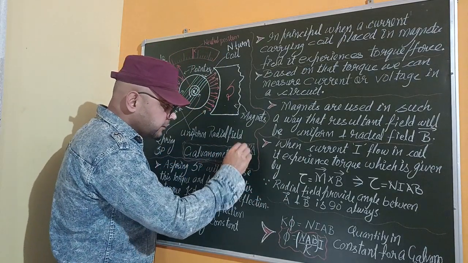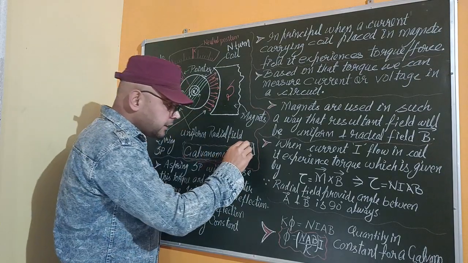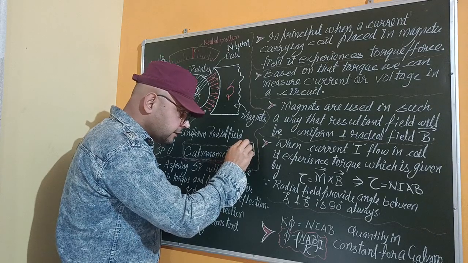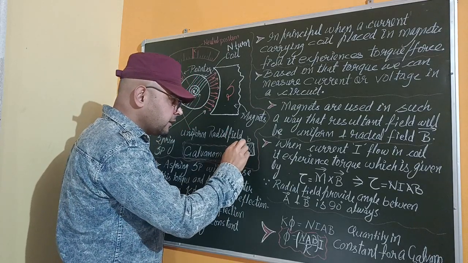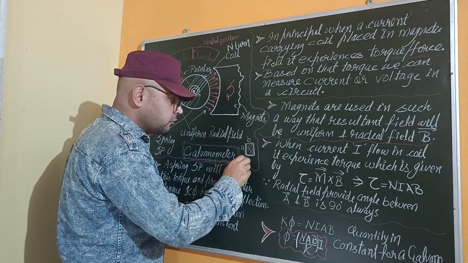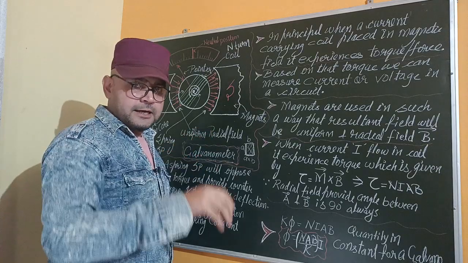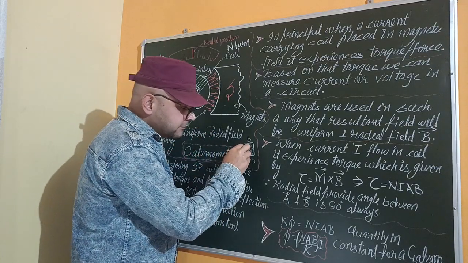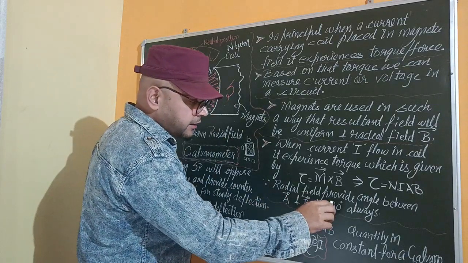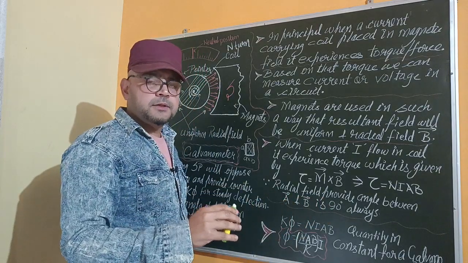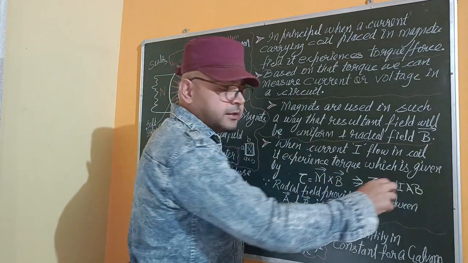Suppose this is a single turn of a coil that is wrapped around this iron core, then the area vector will be, suppose this is the length and breadth. Now the area of this coil is considered to be A cross B, and the direction is according to the right hand thumb rule. So this area vector and the magnetic field always have an angle of 90 degrees between them, so that we can always take sin theta as 1.